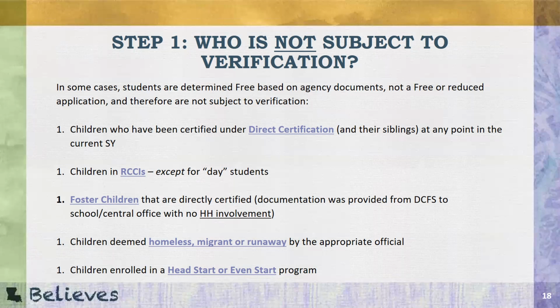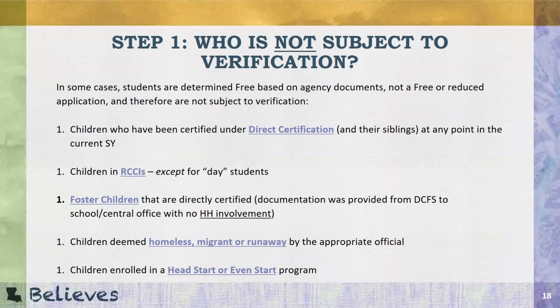Children who have been certified under direct certification and their siblings at any point in the current school year are not subject to verification. Children in RCCIs, except for day students, are not subject to verification.